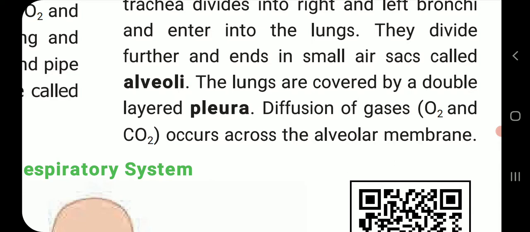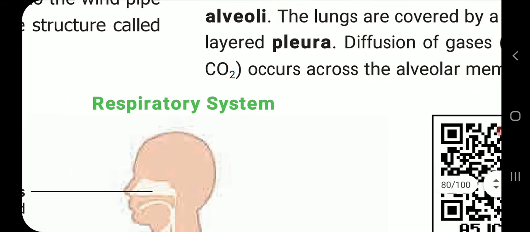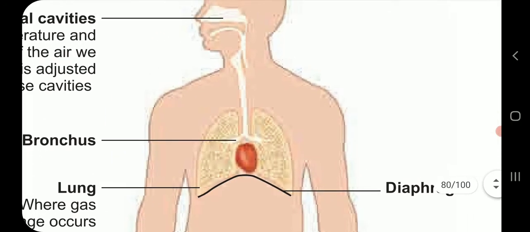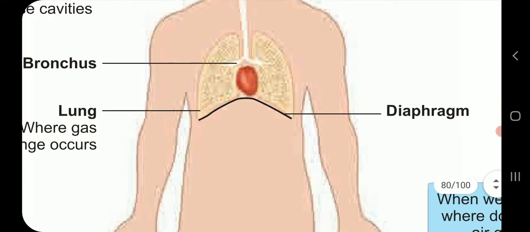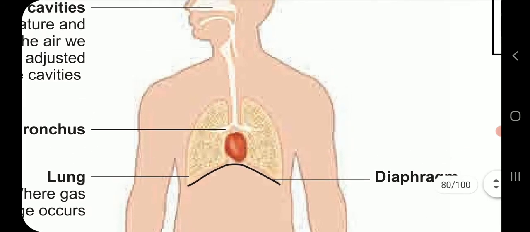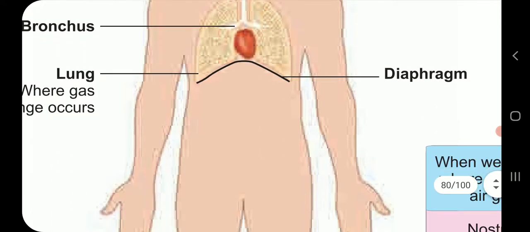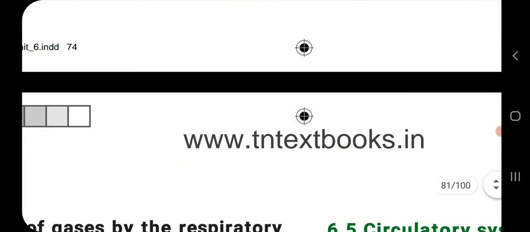Diffusion of gases like oxygen and carbon dioxide occurs in the alveolar membrane. This is the respiratory system, with the bronchus, lungs, and then the diaphragm. If the diaphragm vibrates, we have the production of hiccups.